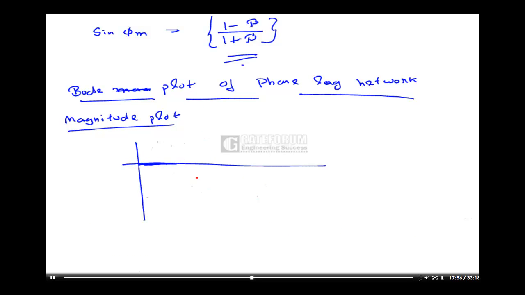So once there is a pole, after that I will have a slope of minus 20 dB per decade.